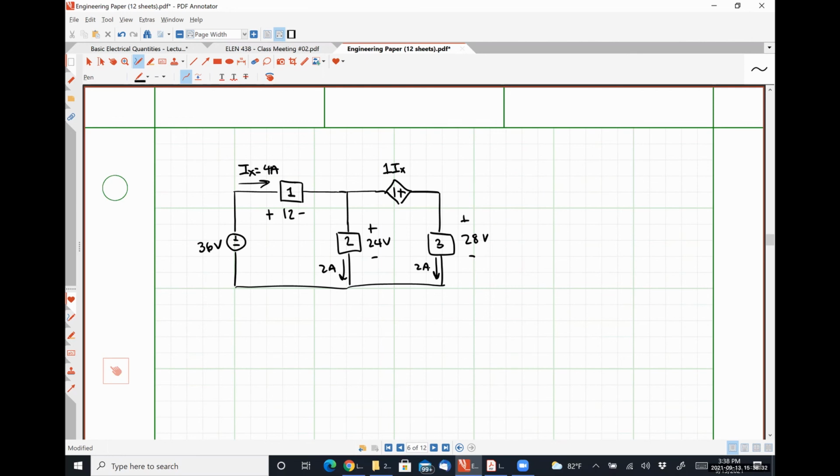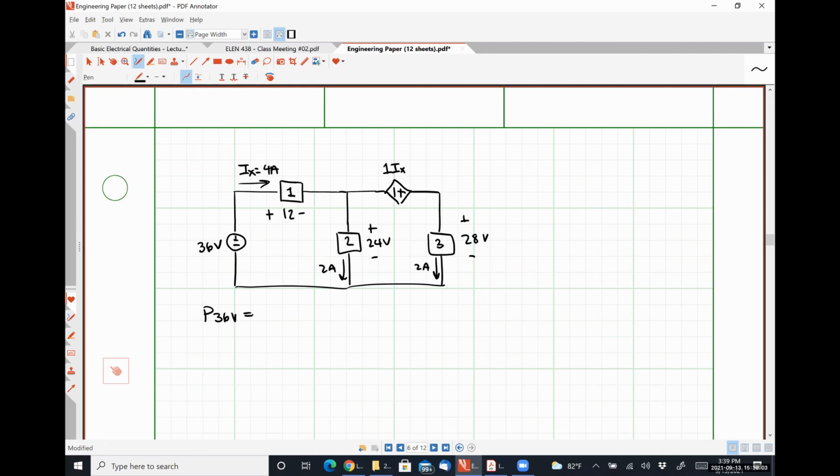All right. So for this problem, what I'm asking you all to do is to calculate the power absorbed by each element in this circuit. Let's look at the 36-volt source first. This is the approach that I'm going to take.